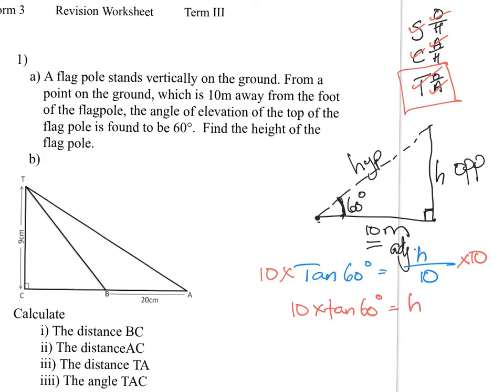We put that in the calculator, making sure it is in degrees. Tan 60 degrees is 1.732, so 10 multiplied by 1.732 gives h equal to 17.3 meters.